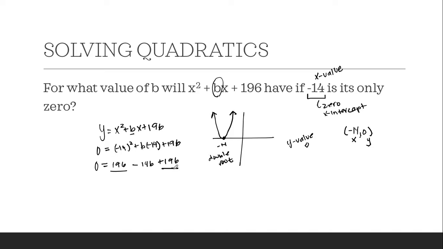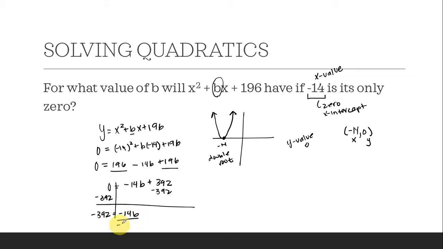Combine like terms. That would give me 0 equals negative 14b plus 392. How am I going to keep solving? Subtract 392 from both sides, giving me negative 392 equals negative 14b.